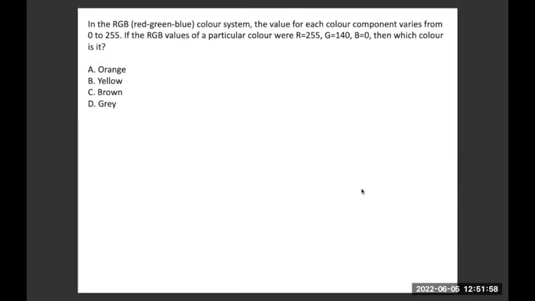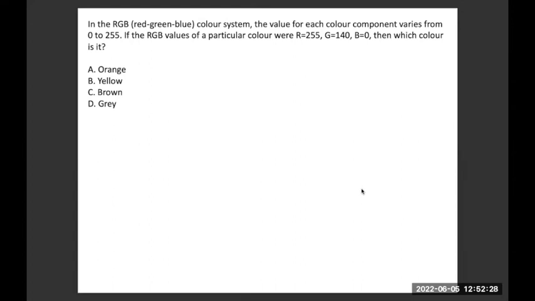There are color systems, RGB, red, green, and blue color system. In the RGB color system, the value for each color component varies from 0 to 255. In CMYK, just for your understanding, CMYK stands for cyan, magenta, yellow, and key.